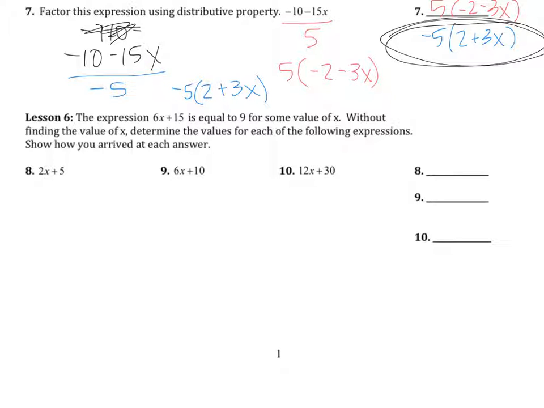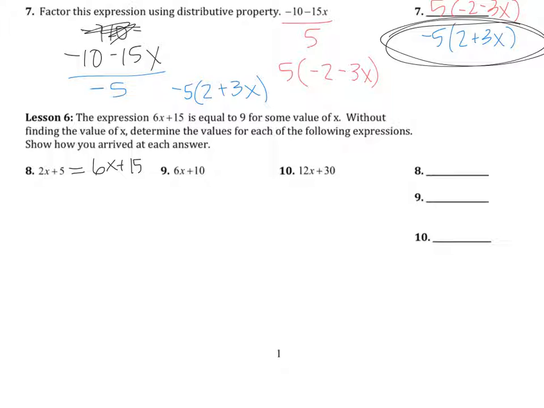I'm assuming lesson 6 is going to be the hardest for most of you because you're manipulating numbers differently than you've ever done before. So we're looking at 2x plus 5 and how can I make this equal to 6x plus 15? So we look at how do I get from 2x to 6x?